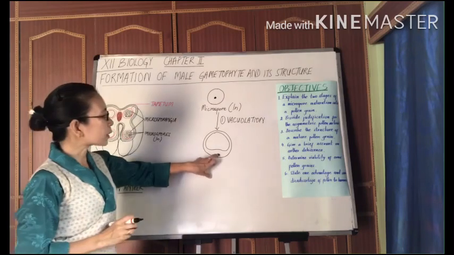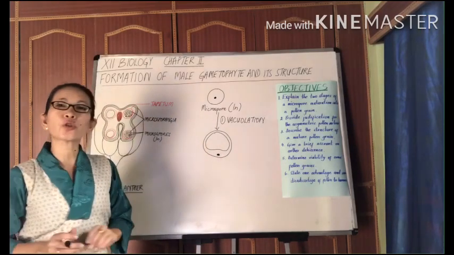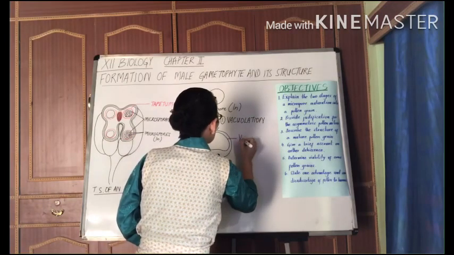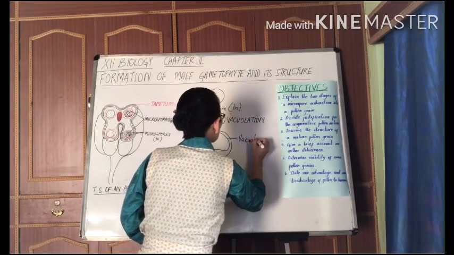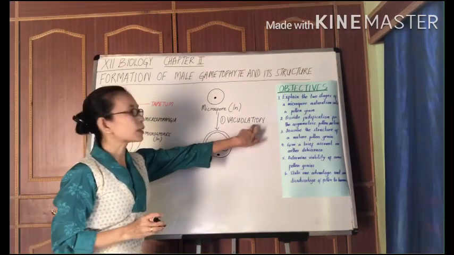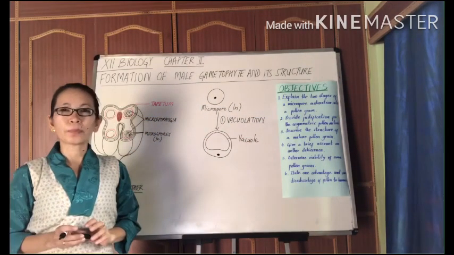So here is the nucleus and this is the large vacuole, and this process of the formation of a single large vacuole inside the microspore cell is the first stage, which is called vacuolation.